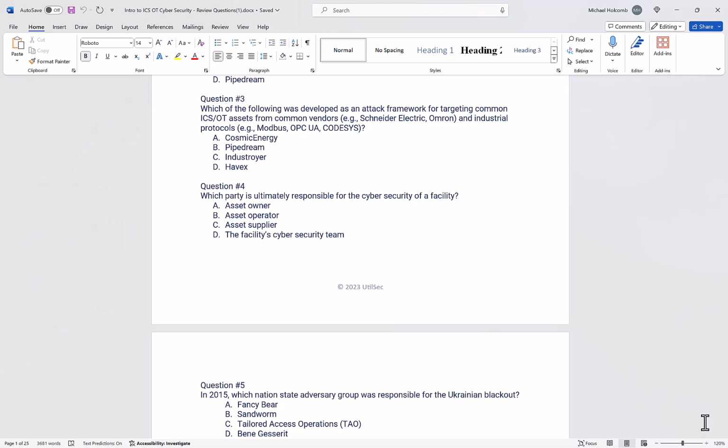It's not using exploits for vulnerabilities in code. Maybe there's some of that in there. I haven't seen Pipedream, but the main focus of it is just using the default capabilities of these systems.